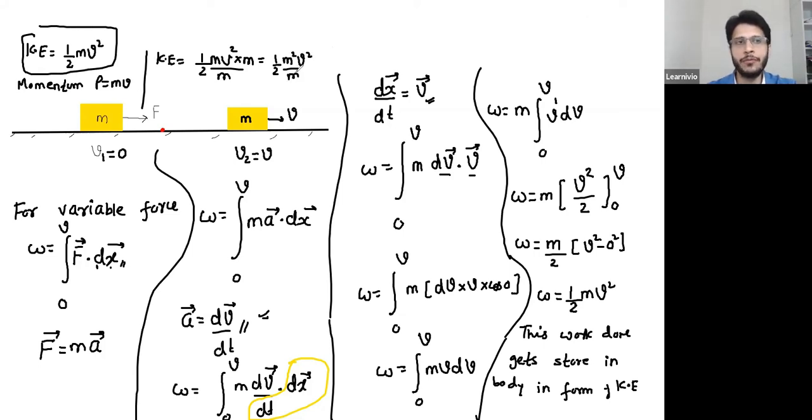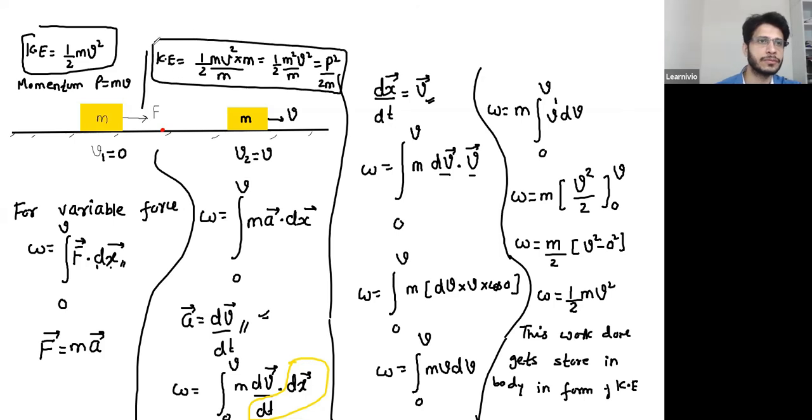You can write m v as p, so your kinetic energy is p square divided by 2m. So this is the relation between kinetic energy and momentum. Kinetic energy in terms of velocity is half m v square, but in terms of momentum, it is p square by 2m.